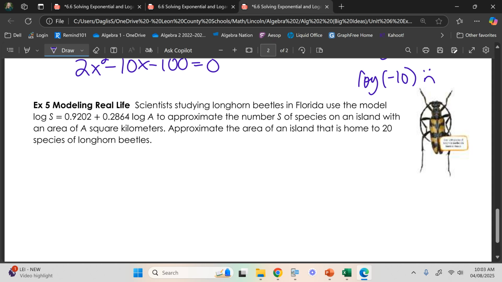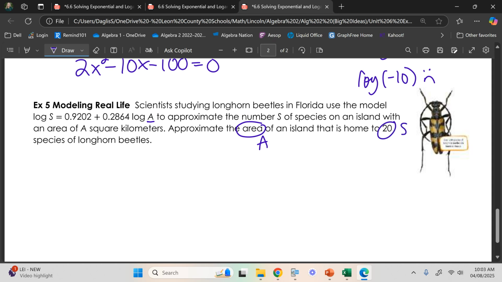Good times. So we're trying to find the area. So we're trying to find A, what we're trying to solve for. We're trying to get this guy by itself. So what do I get to plug in for S? 20 species.